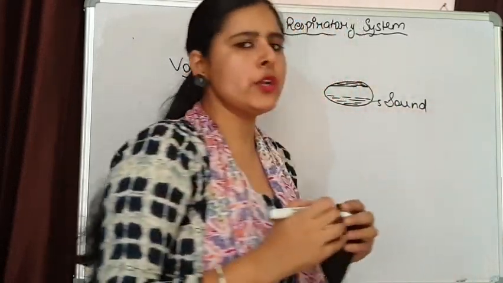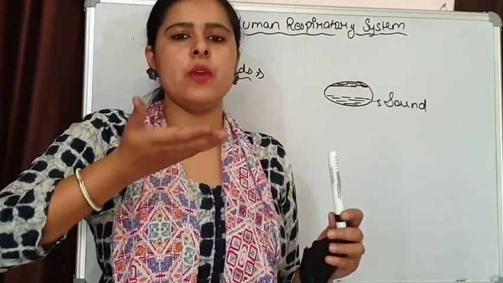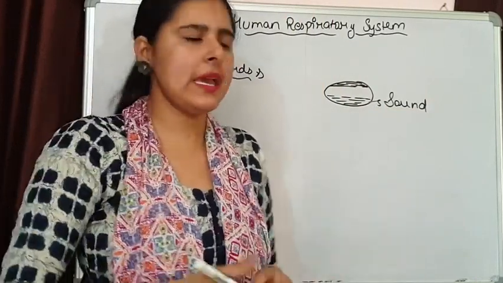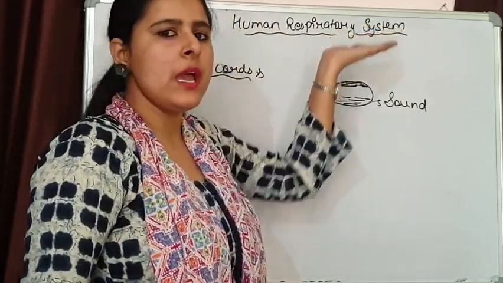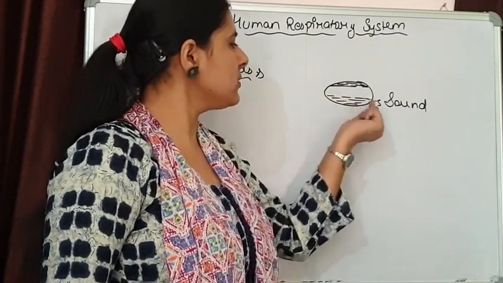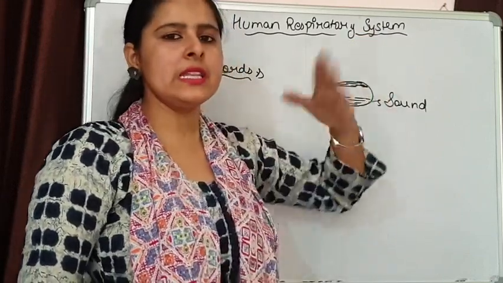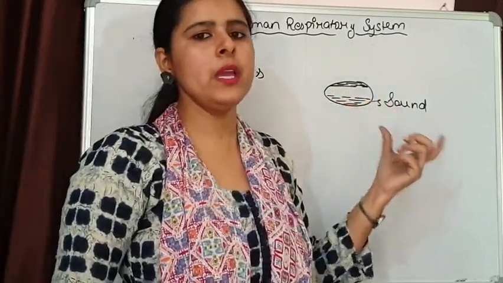They are going to vibrate when we are exhaling, when we are expiring the gas. So the lungs are going to create pressure from downwards, and because of this pressure, the air moves over these membranous flaps. They start vibrating, and because of their vibration, sound will be produced.